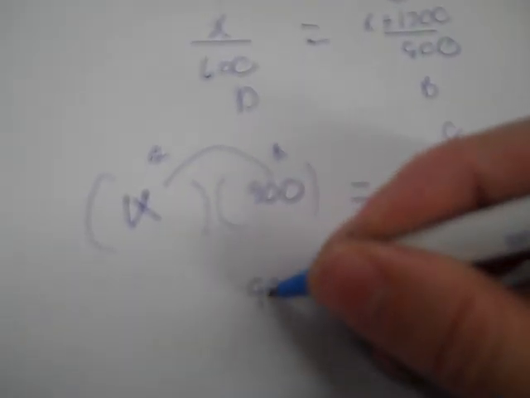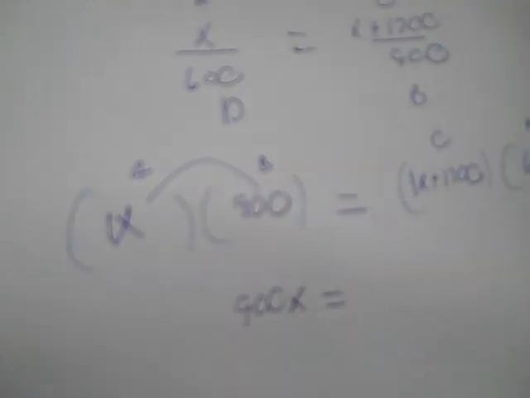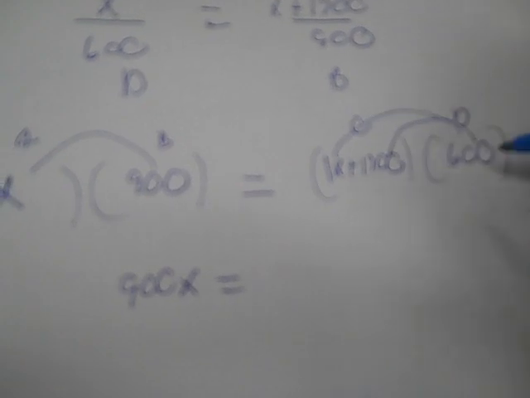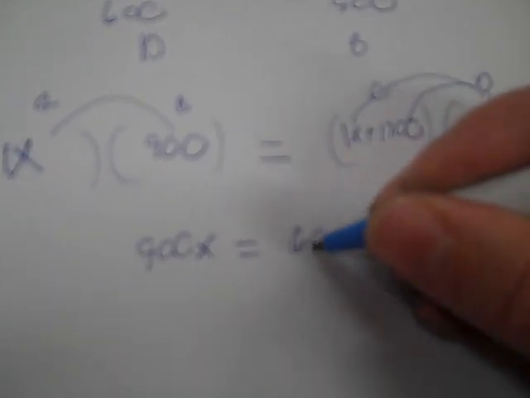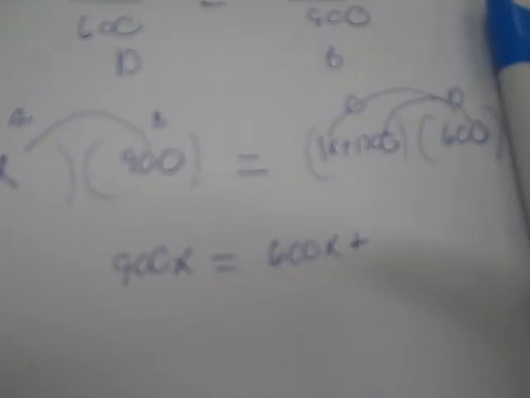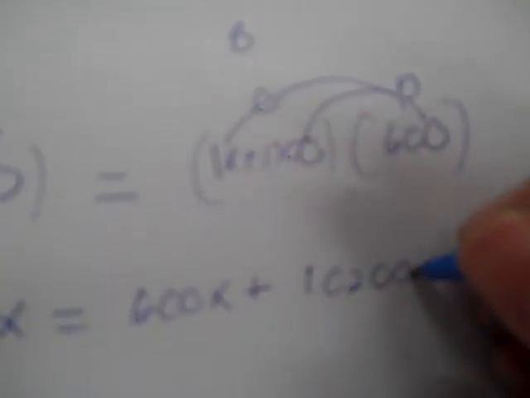That's 900x. And then I take 600 times each one of these. So 600 times 1x is 600x. 600 times 1,700 is, holy cow, this is right, 1,020,000.